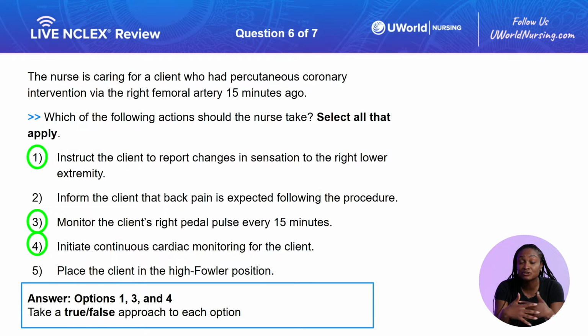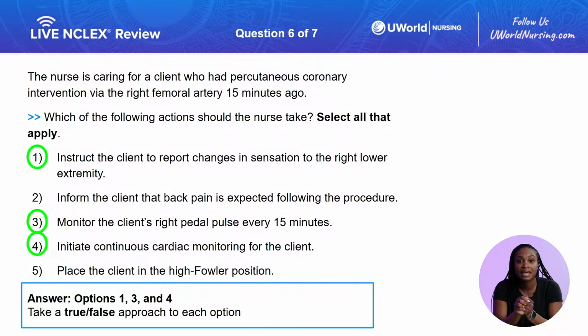So you would have to do further assessment. Make sure it's not just the bed, because we know hospital beds aren't the most comfortable, but reassess them, reposition them onto their side and put a small pillow behind them. But make sure that back pain is not from the bed or from something else like retroperitoneal bleeding. So further assessment is needed, but it is not an expected finding.